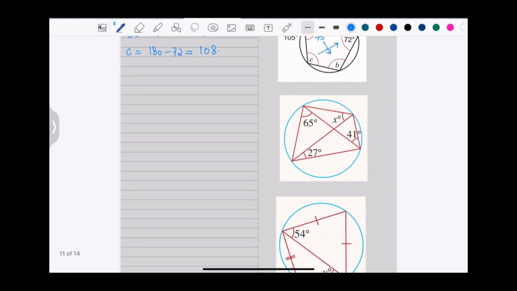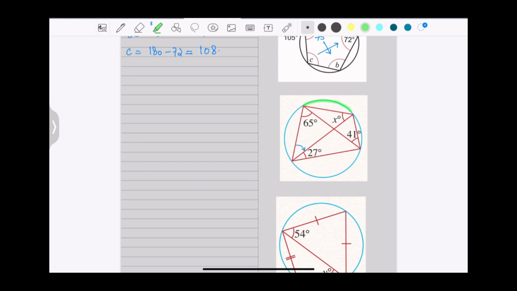Looking at another one. Okay, so as you could see, it's a cyclic quadrilateral. 4 corners are touching the boundary of the circle, but it's not as simple because I need to find out x. As I can see, if I'm able to find this angle, so let's look at theorem number 3.